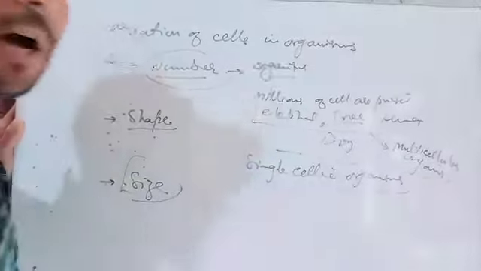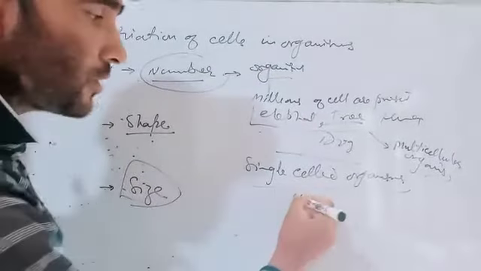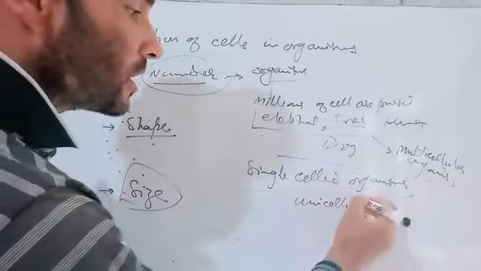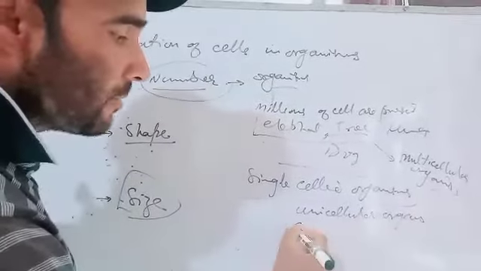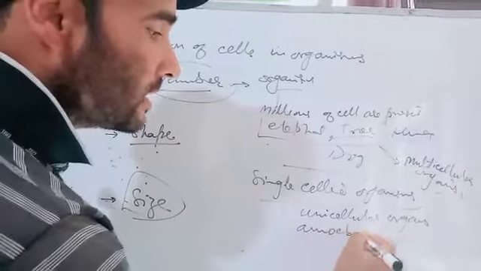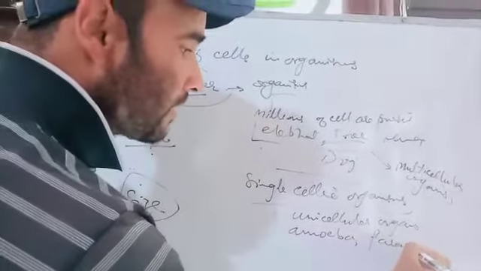Some organisms are formed of only a single cell. These are known as unicellular organisms, like amoeba and paramecium.